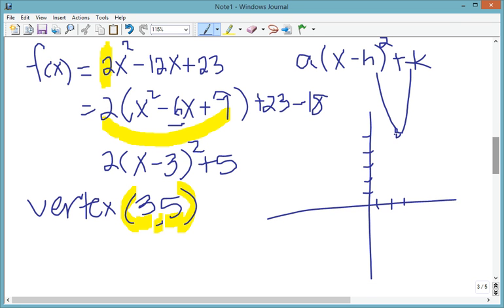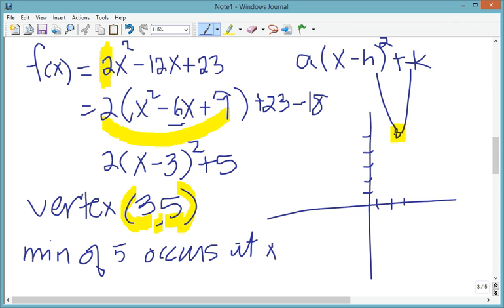Okay, so this is also a minimum, right? Because it opens up. If it opened down, we'd have a maximum. But this has a minimum of 5. It occurs at x equals 3.